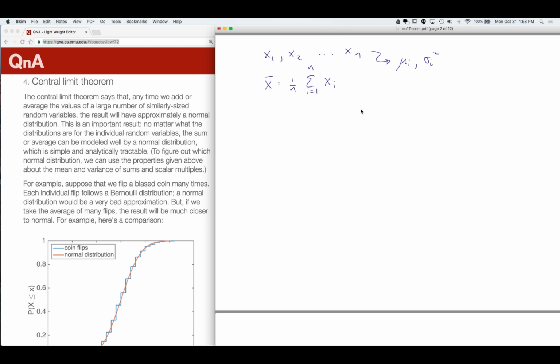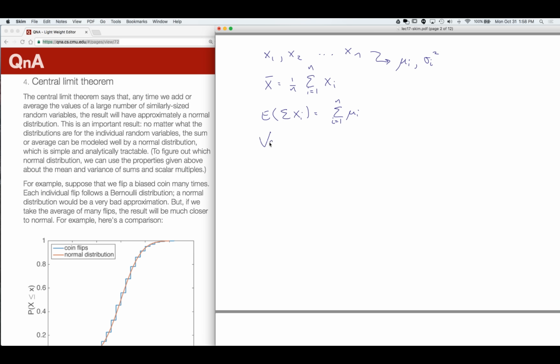Then the mean of the sum of the xi is equal to the sum of the means of the xi, which is just the sum of mu i from i equals 1 to n.